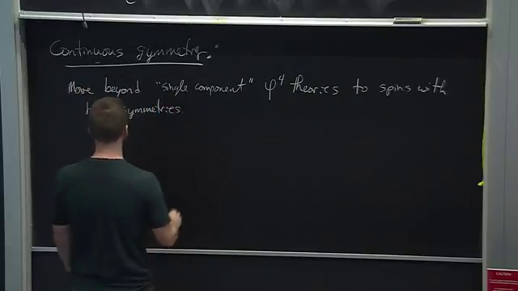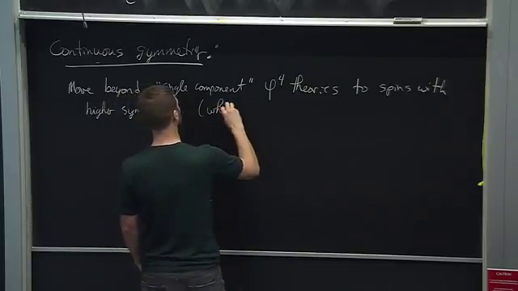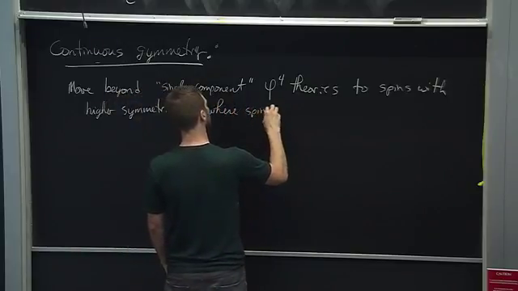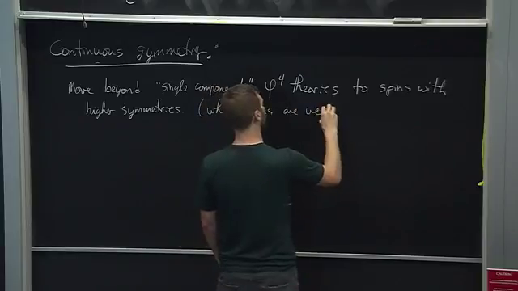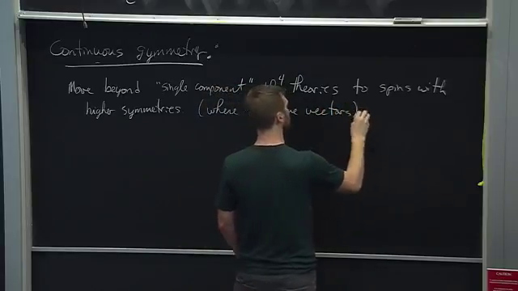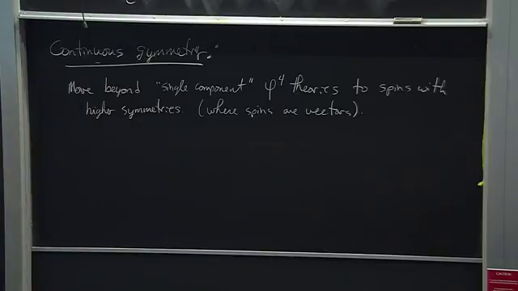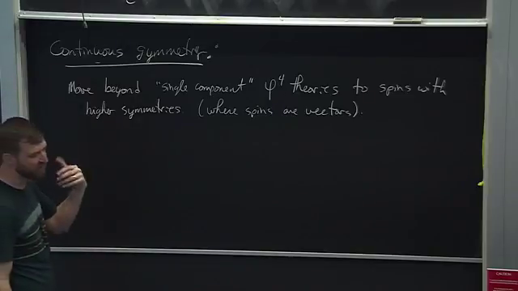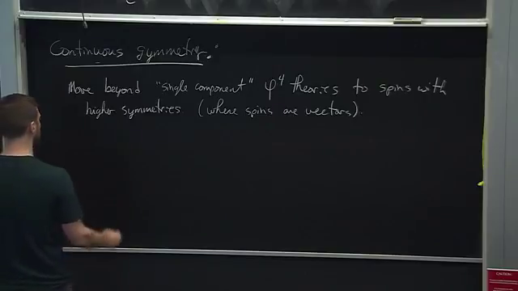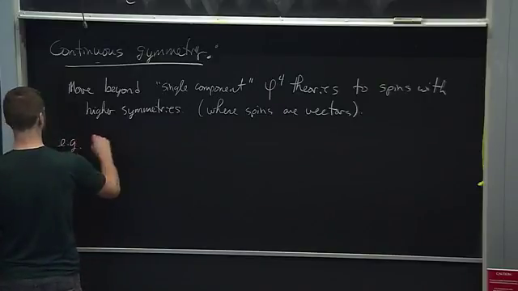And we want spins that are vectors. The idea that you have O(N) symmetries is physical for things called Heisenberg models, for example.